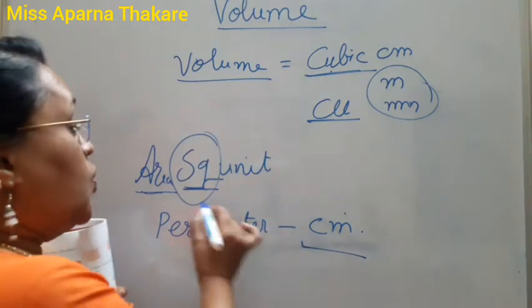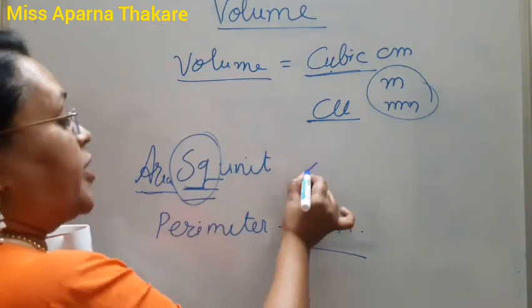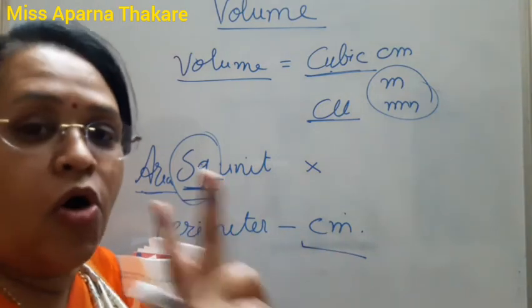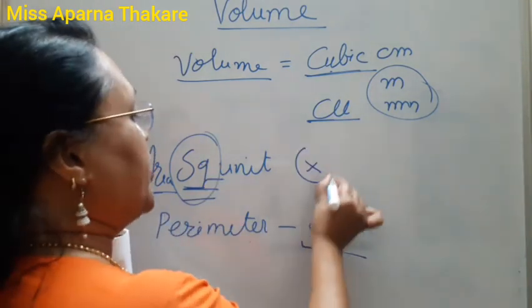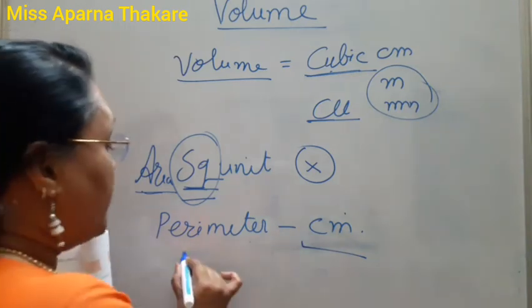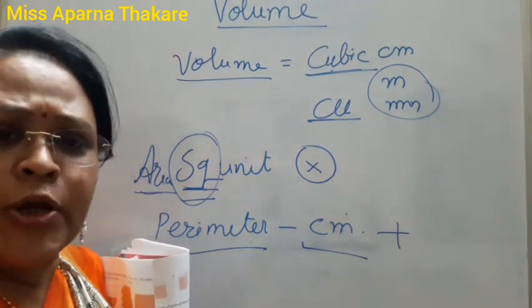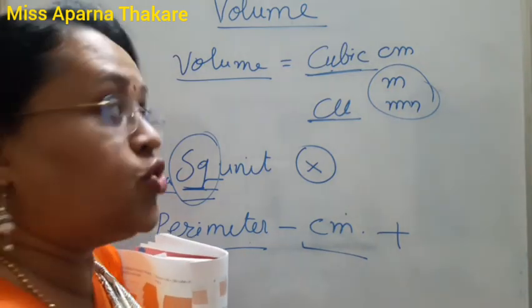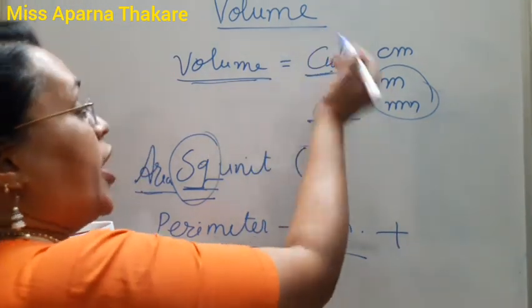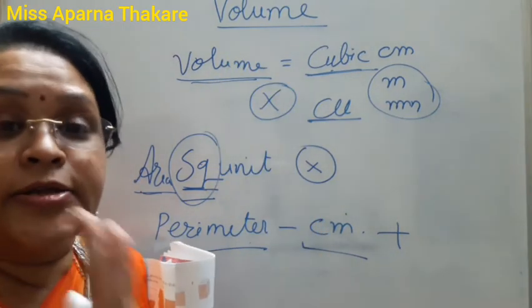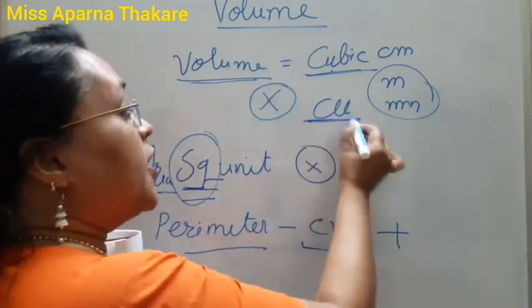Why is it so? When we find the area, we multiply two terms only. When we find the perimeter, we do the addition of four terms. And in volume we do a multiplication of 3 terms, so we write the cubic.